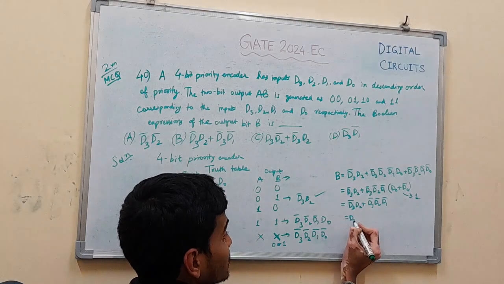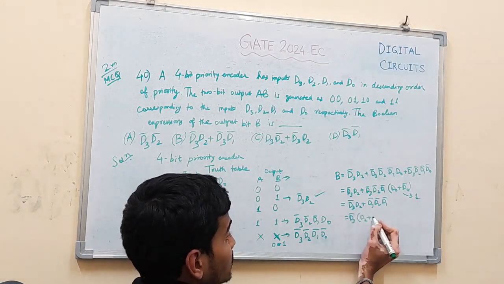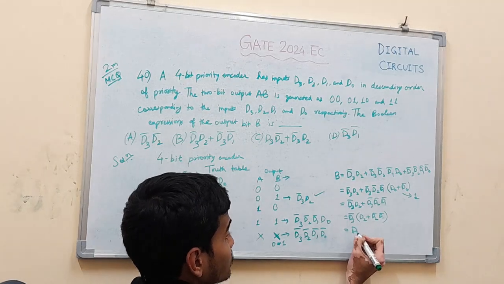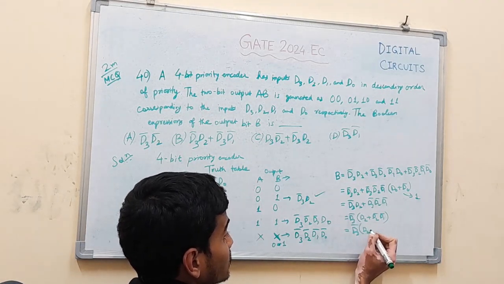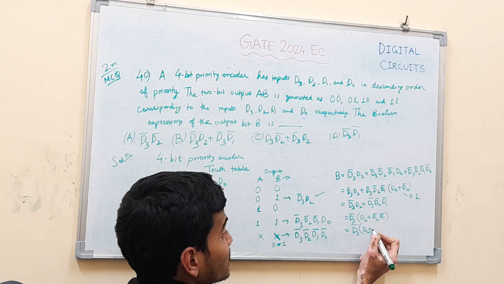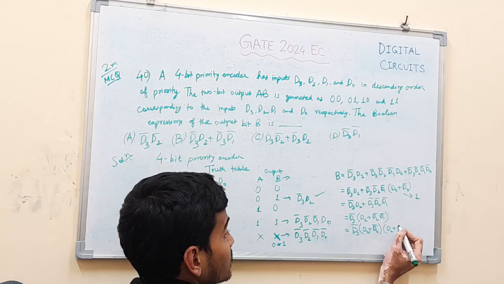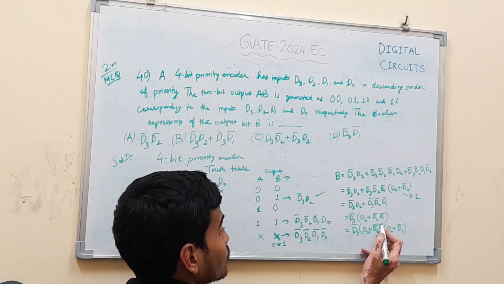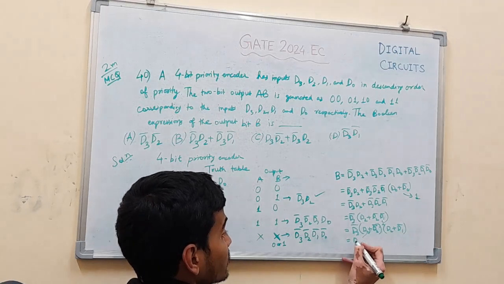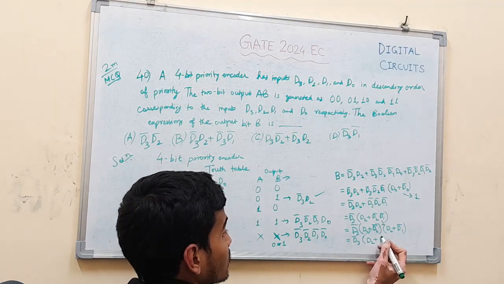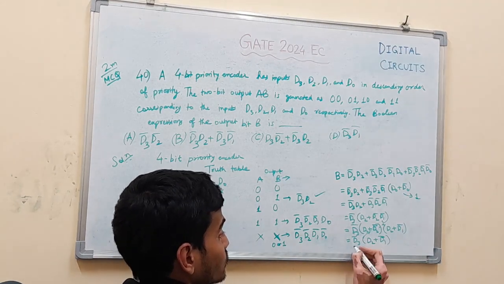Now we take D3 bar common: D2 plus D2 bar D1 bar. We can apply the distributive law here: A plus BC equals A plus B times A plus C. So D2 plus D2 bar times D2 plus D1 bar. Now this becomes 1, so what remains effective is D3 bar times D2 plus D1 bar.